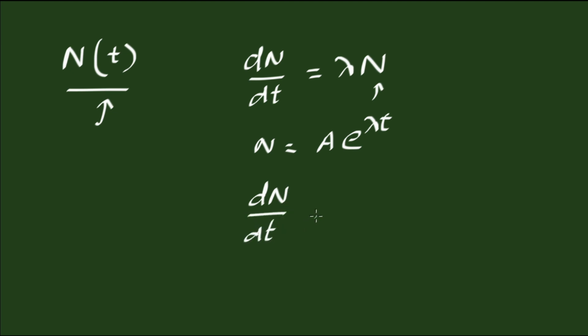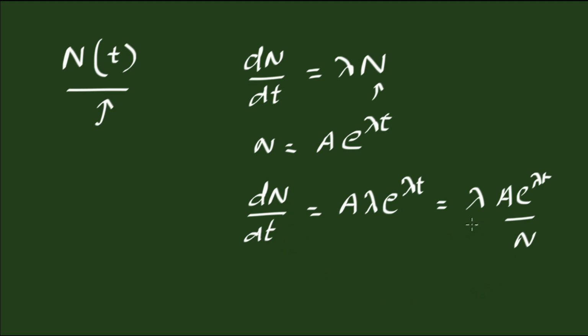So let us differentiate. So dn by dt, a remains where it is, derivative of e to the power of lambda t with respect to t: first differentiate with respect to lambda t, and then by the chain rule, if I differentiate lambda t with respect to t, I get lambda. But this is nothing but lambda times a e to the power of lambda t, which is n.